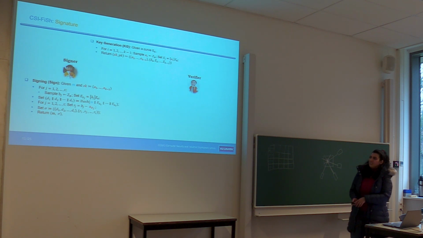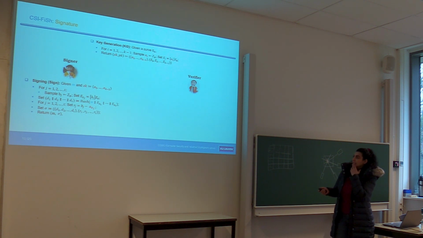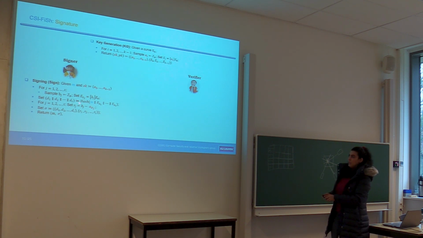Now for the signature, I will not follow all the steps, I just wanted to mention that the signer again samples b and commits to this b, and the commitment is this one, and c is the hash of it, where we insert the message M to get a signature, and here is the message you can see.